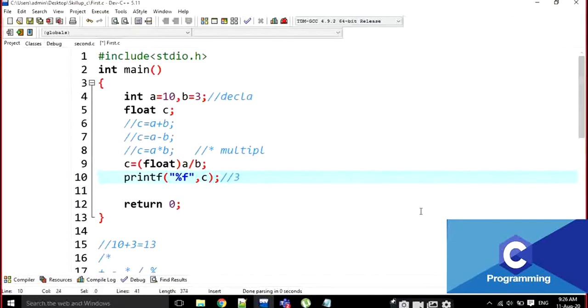If the values are integers but the result is in float, it is going to give 3.333. Then I am going to typecast it, then the result is 3.333. Just note the 3 cases.